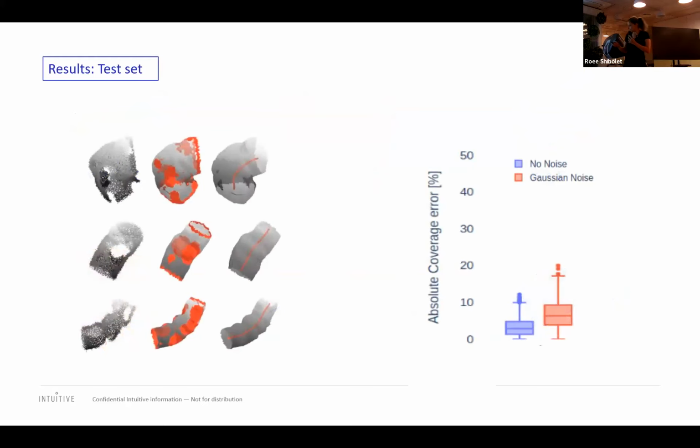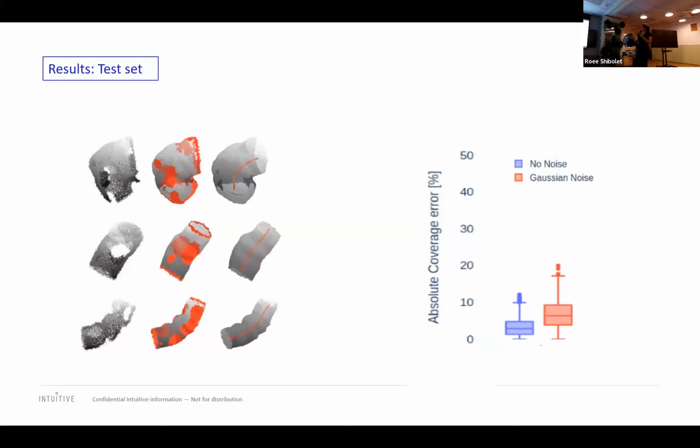So first of all, our test set. We run this on a data set that we built the same way as our training set, from CT scans and synthetic data. What you have here is the input, these are the estimated holes, this is the estimated center line.